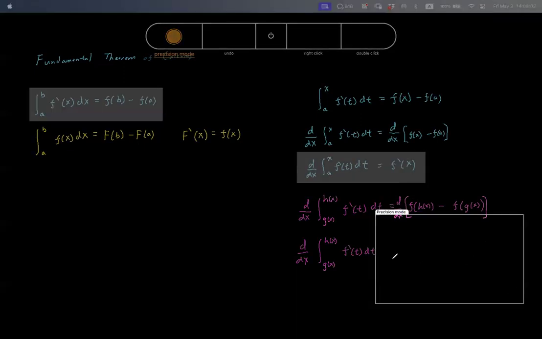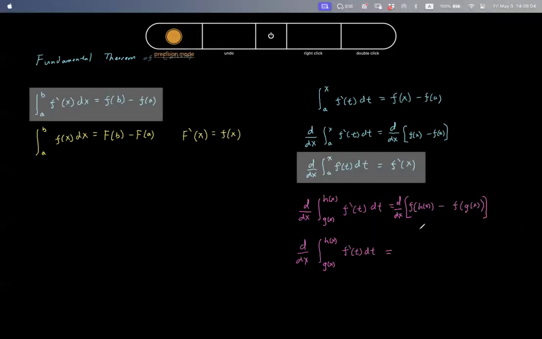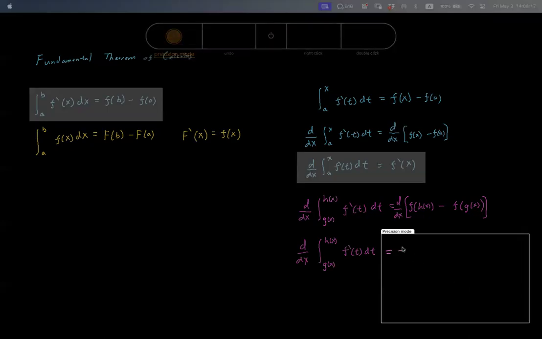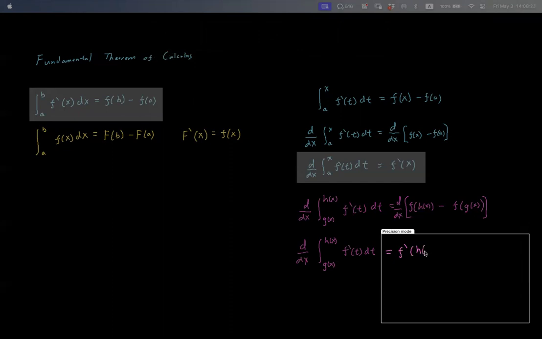Then that over here should just equal, well, if we're taking the derivative of this composition of functions, we have to use the chain rule. And similarly, if we take the derivative of this over here, we would also have to use the chain rule. So what this becomes is just f prime of h of x, like this, times h prime of x. And I would subtract f prime of g of x times g prime of x.